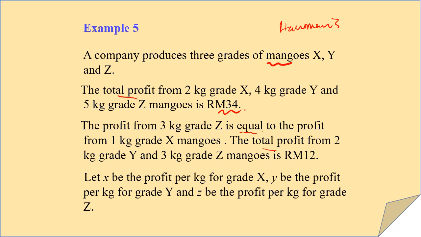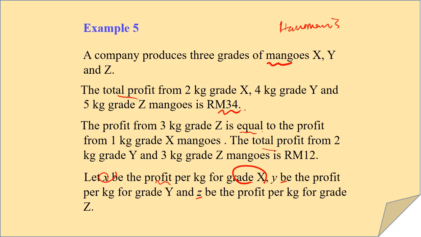Okay, so that means X is the variable representing the profit for 1 kilogram of grade X. So Y for grade Y, Z is for grade Z. Now, if we read the question again, we only have two sentences talking about total profit.